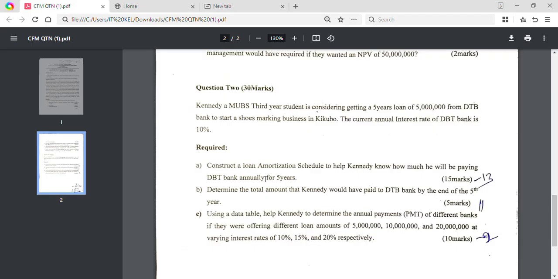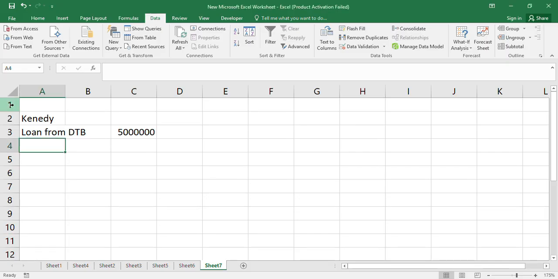They are telling us that it's over a 5-year loan. So our period in years will be 5 years.